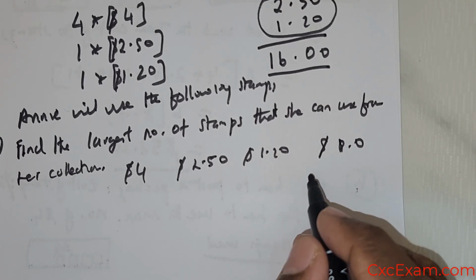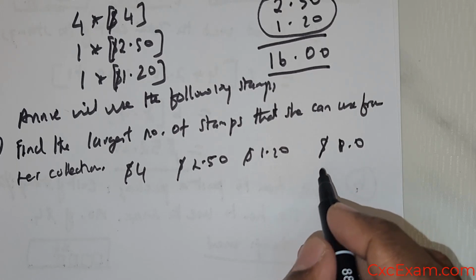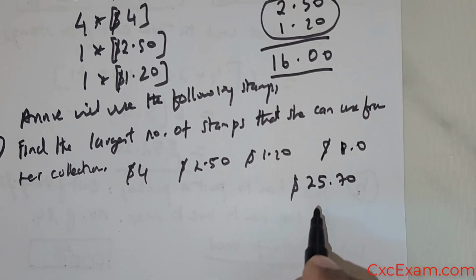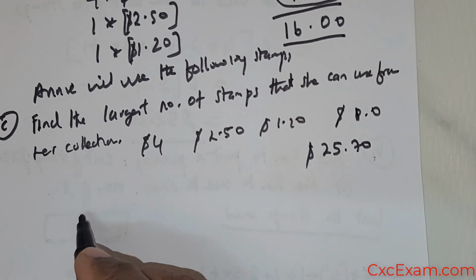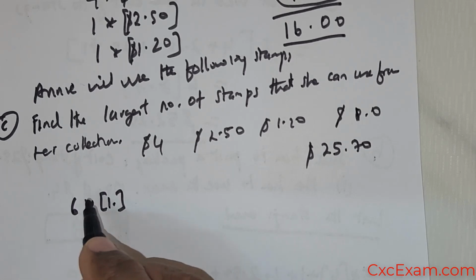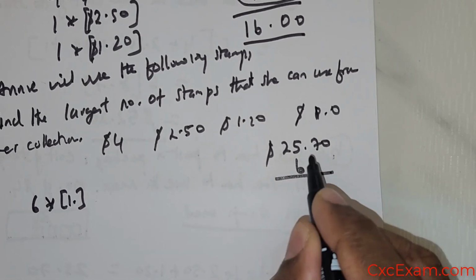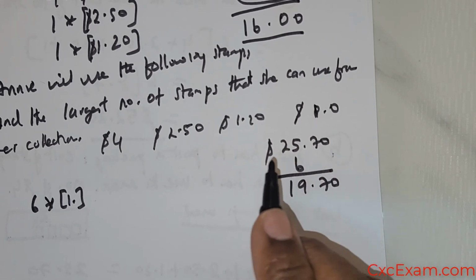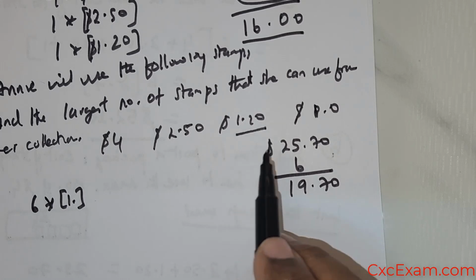Now we have to start with the smallest denomination and we have to stack them up to reach 25.70. So clearly I have 6 of $1, so that goes off. So if 6 goes off, you have 19.70. Now the next denomination is 1.20.